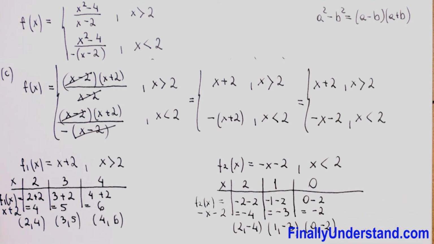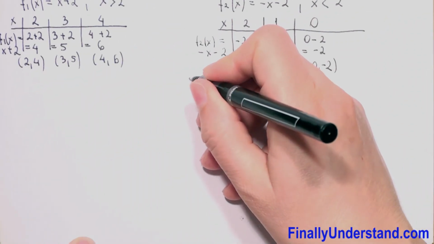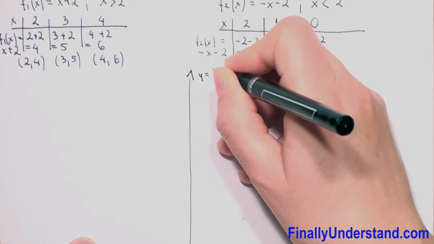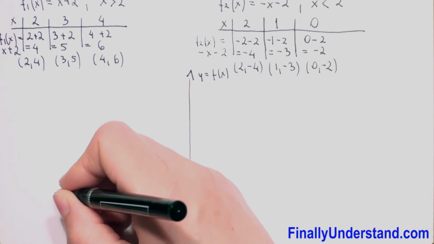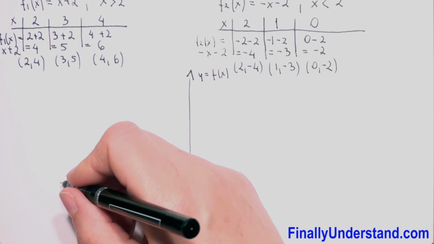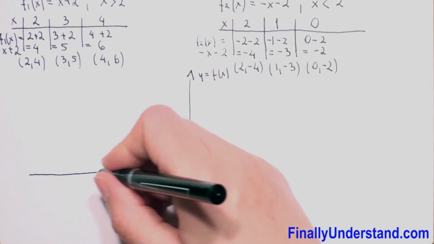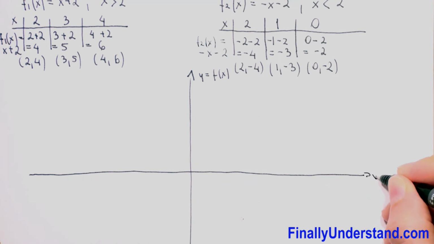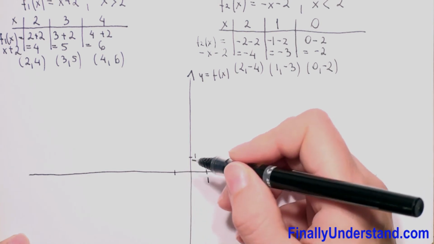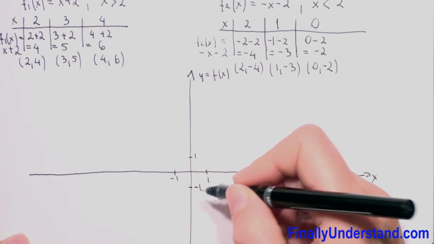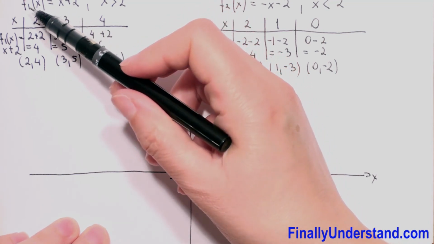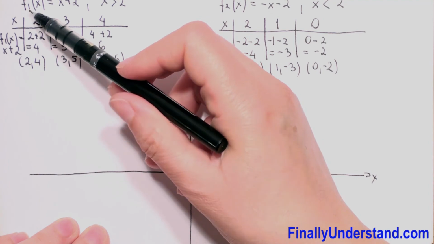So now we have to draw the xy plane. We have the y equals f of x axis and the x axis. I have to choose the unit. And first we will find the points for the first part of our f function, f1.